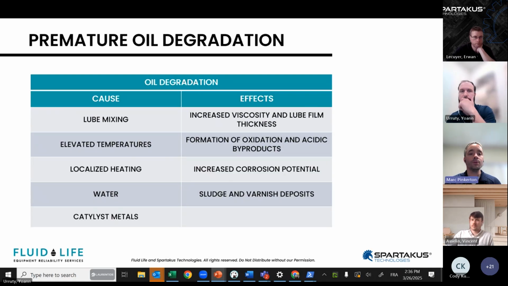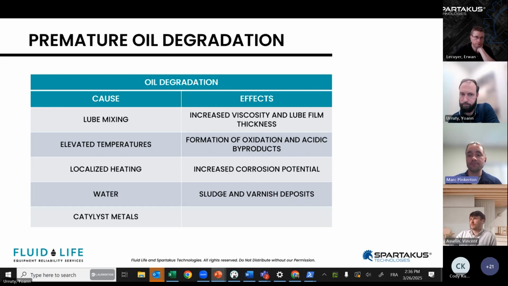So if we focus on oil degradation, some common causes and effects here: lube mixing, elevated temperatures, localized heating, water contamination, and catalyst metals. All of these more or less have to do with the thickness of my oil, its corrosiveness, and the potential for deposits.